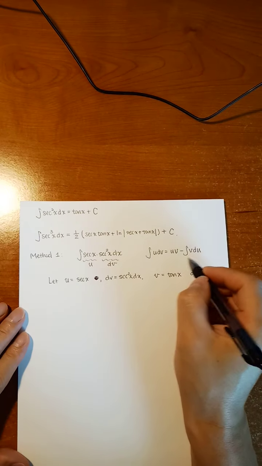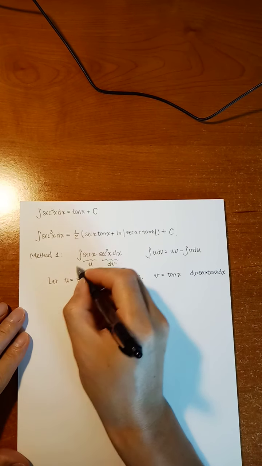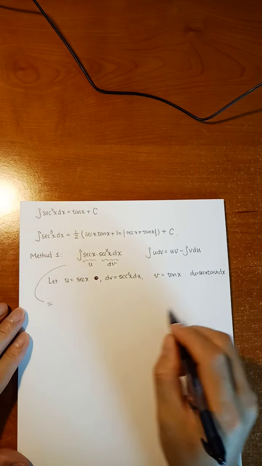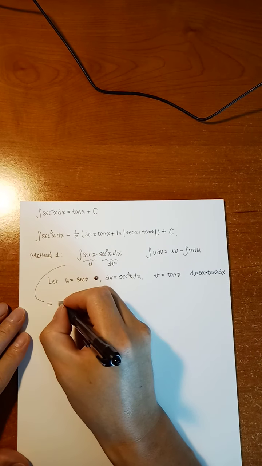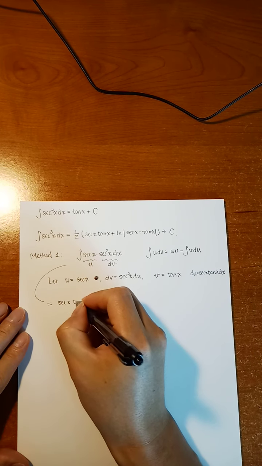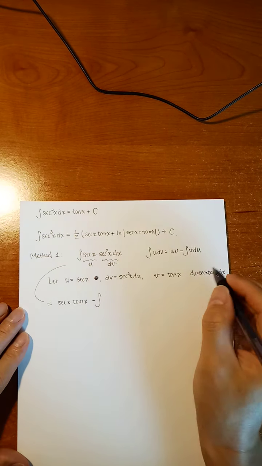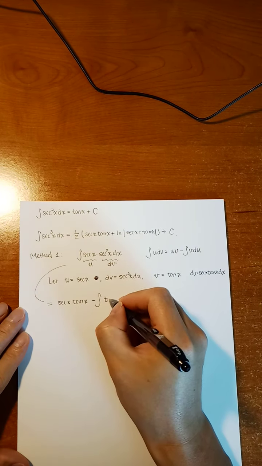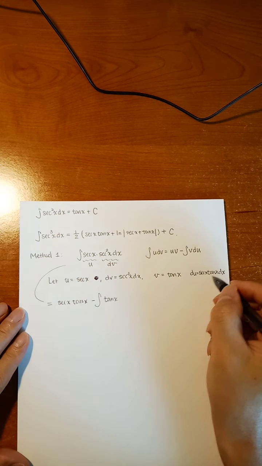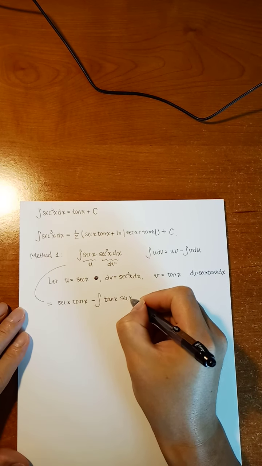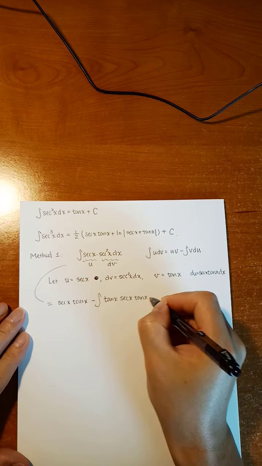Okay, so by the integration by parts, it's u times v, so it's secant of x times tangent of x, minus the integral of v du. v is tangent of x, du is here, so it's secant of x tangent of x dx.